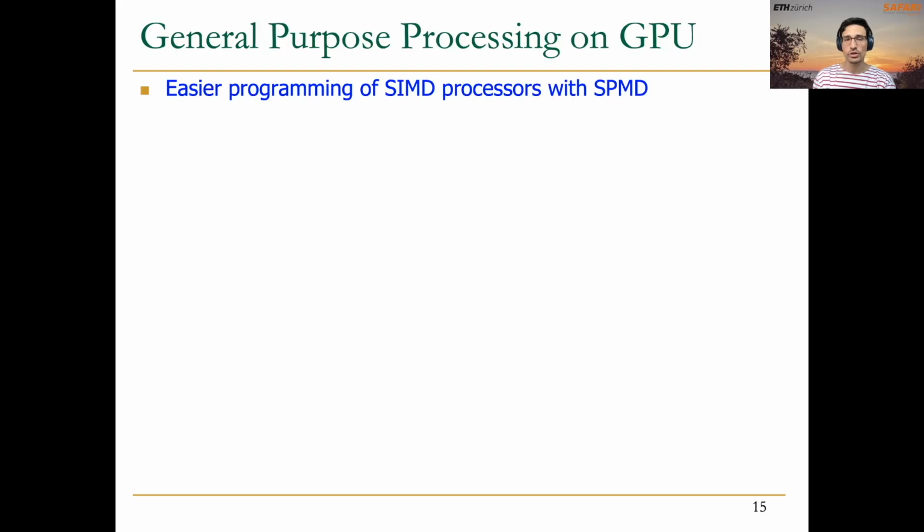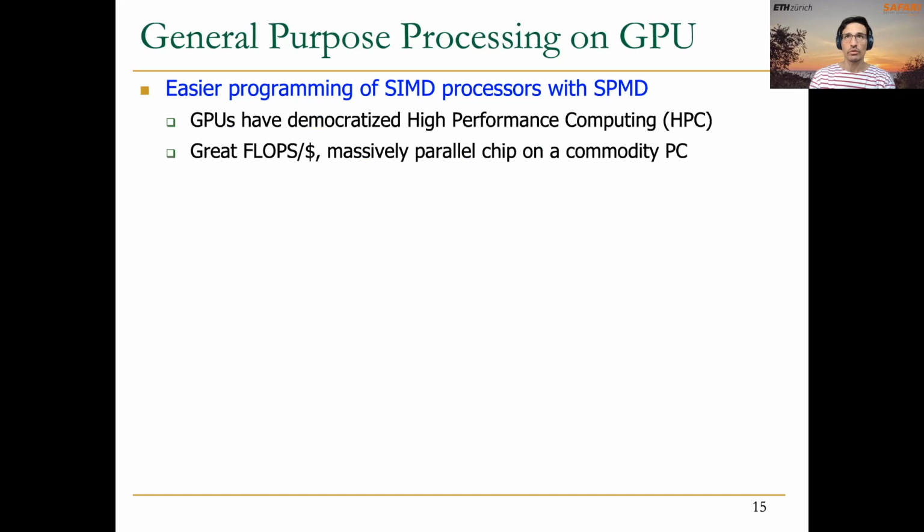As I may have mentioned before, the GPU computing era started sometime in 2006 or 2008, and it became quickly very popular because it was a way of democratizing high performance computing. Because now anyone could have in their commodity PC a GPU providing a large amount of gigaflops that were not available a few years back.